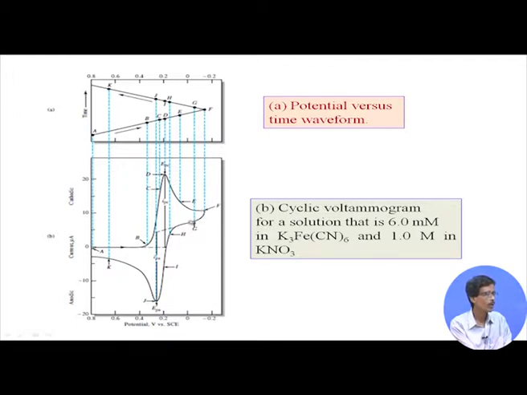So it will come back over here. On this axis everything is current in microampere. You see this is the 0 scale and this is 20, and this is also in the negative direction, that means the corresponding EPA, and the current is IPA, the anodic peak current.